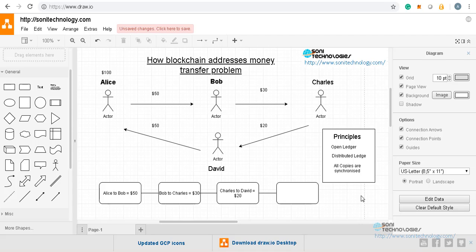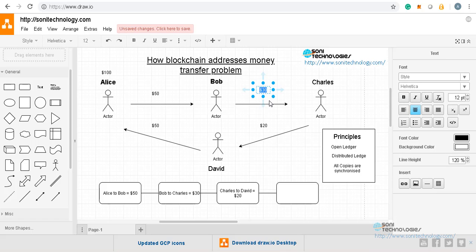Now we are going to do that using an example. Let's say that Bob wants to move some money to Charles. Let's say $40, and Bob is going to publish and broadcast this transaction to the network.